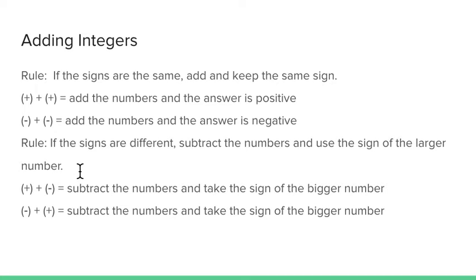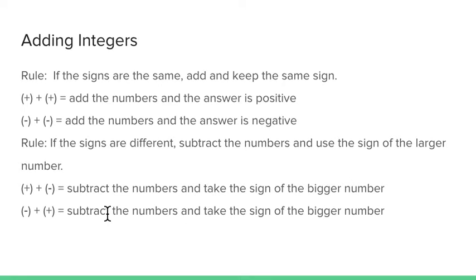Now, if the signs are different, you are going to ignore the symbols just for a second, and you're going to subtract the two numbers from each other. You're going to take the larger of the two numbers and subtract the smaller value from it. And then whichever symbol was in front of the larger number, you are going to put that symbol in front of your answer.